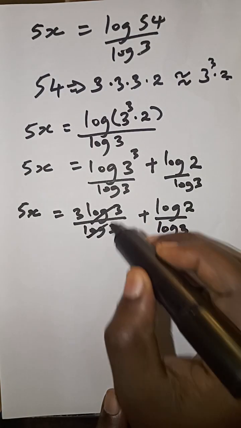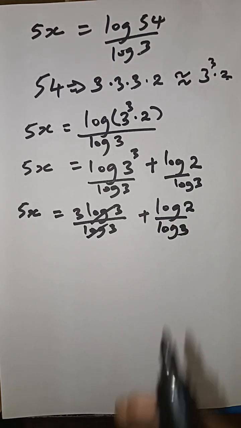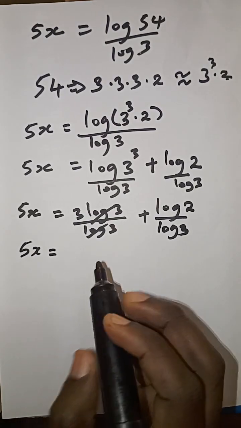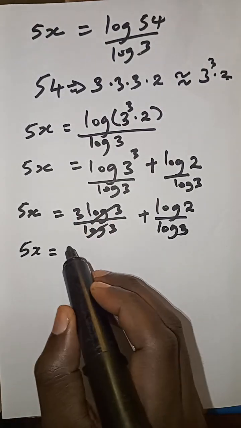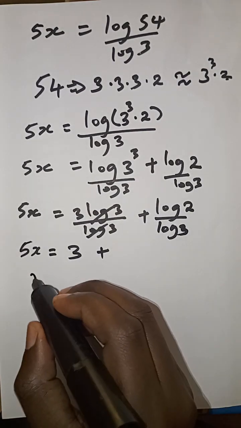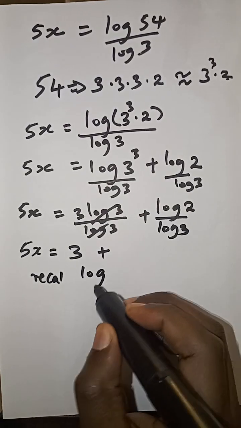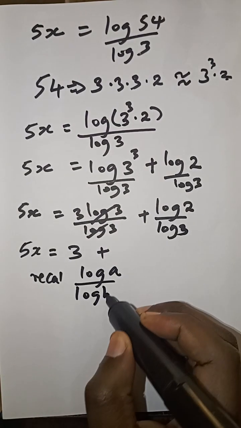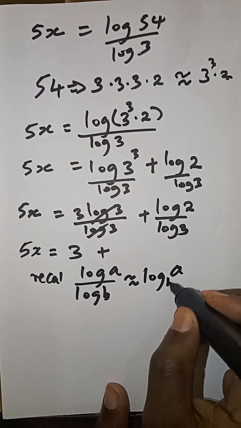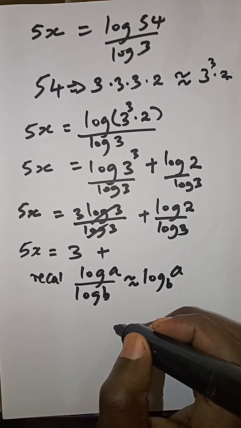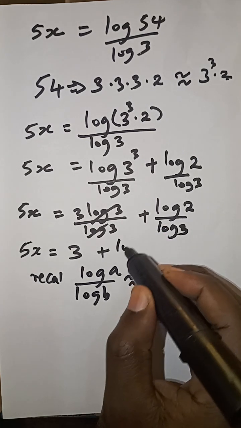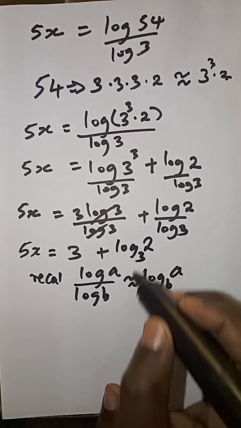And it is easy to see that log 3 and log 3 can cancel, so that I have 5x is equal to 3, of course, plus, you're going to recall that wherever you have the log of a divided by log b, this is the same as writing log a to the base b. That means this can be written as log 2 to the base 3.